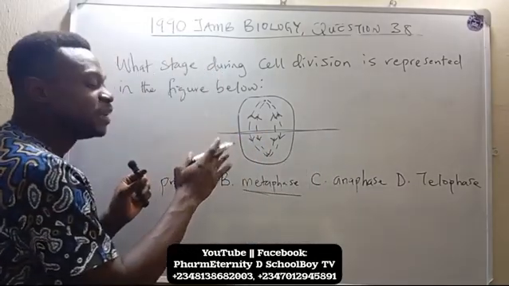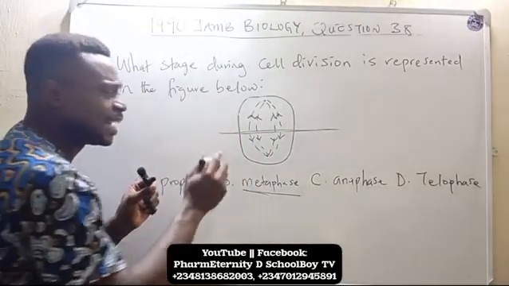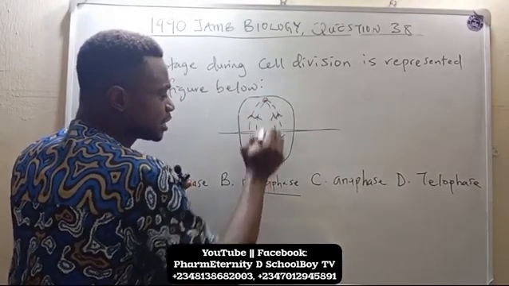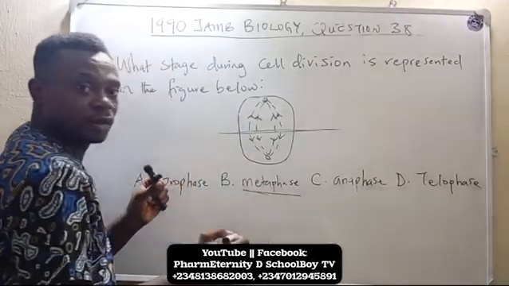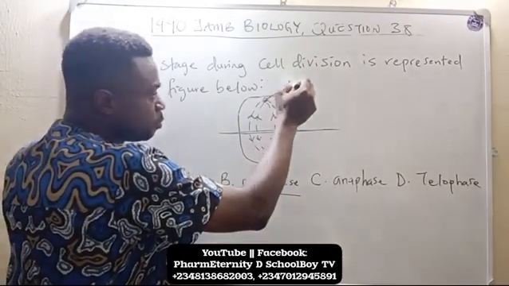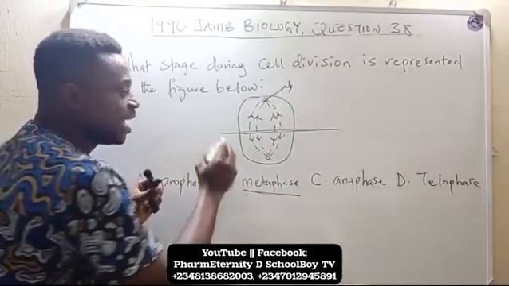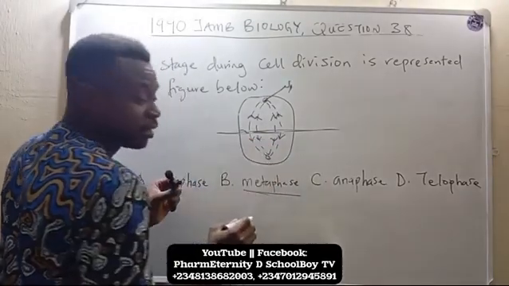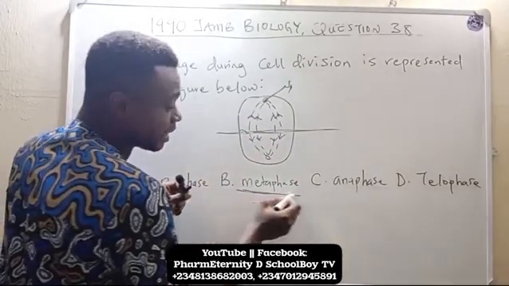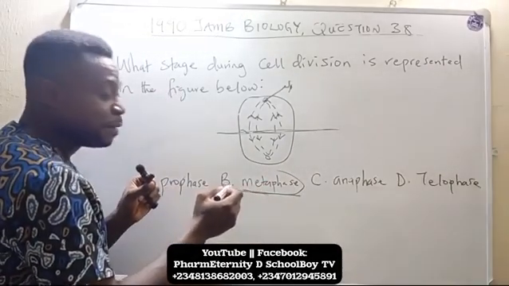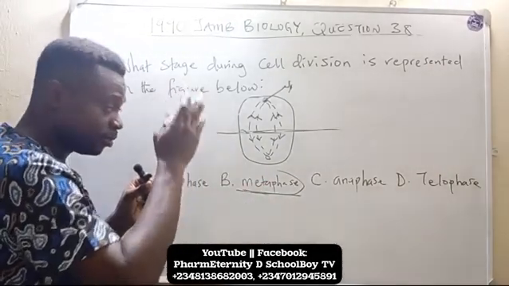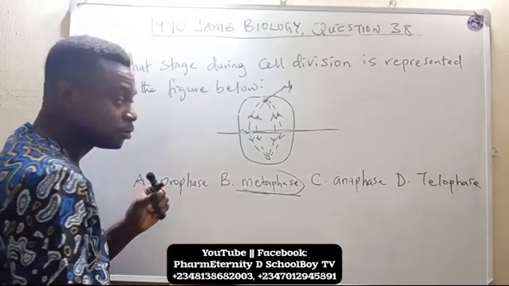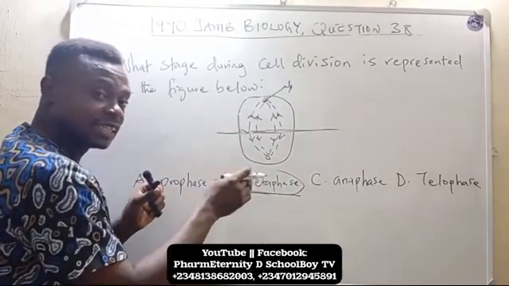Actually, this metaphase plate is just an imaginary line that is equidistant from the two spindle poles. So they will line up here. This is basically what happens at the metaphase. But remember, the nuclear envelope gets broken down, and the microtubules will invade.